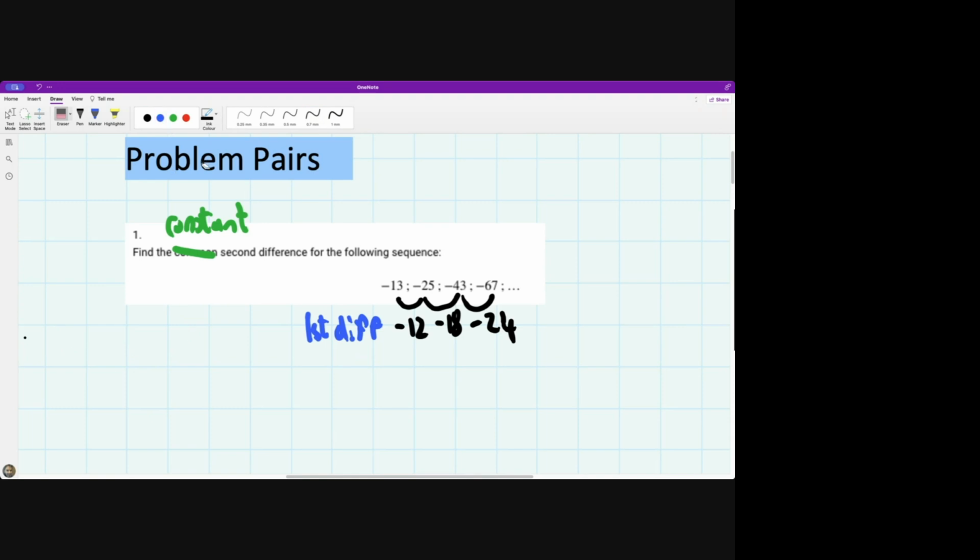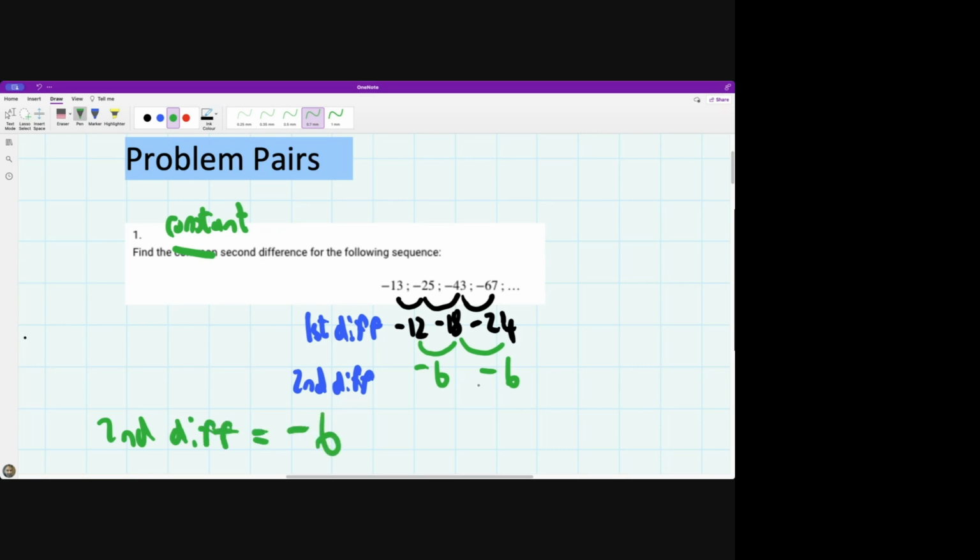Now, the first difference is not constant, but I kind of expected that. So now I'm going to go to the second difference. And let's see what I get here. When I go from minus 12 to minus 18, I lose 6. When I go from minus 18 to minus 24, I lose 6. Ah, the second difference is constant. So the second difference is equal to minus 6, and it's constant, and it is a quadratic pattern.